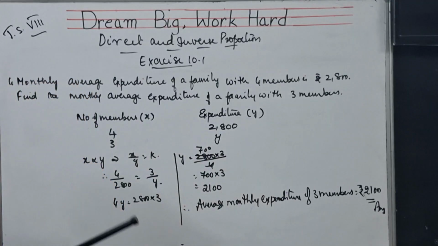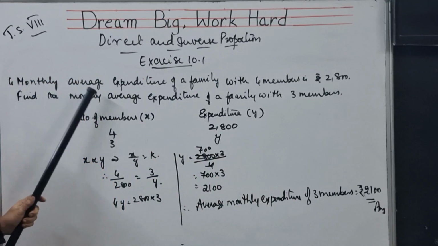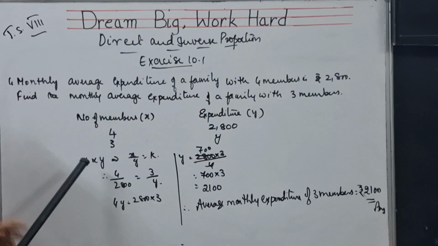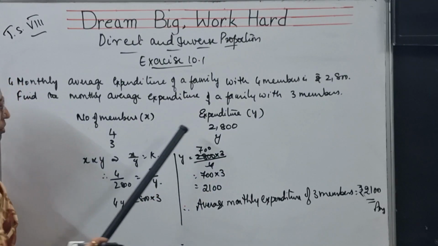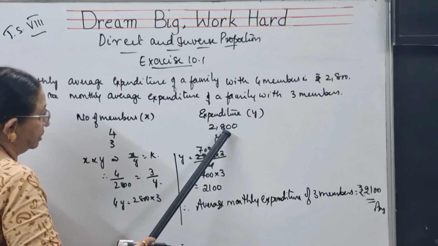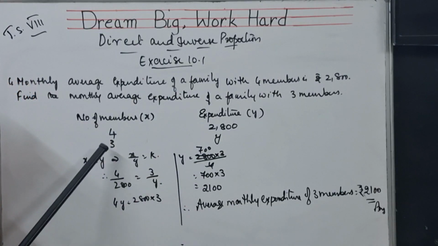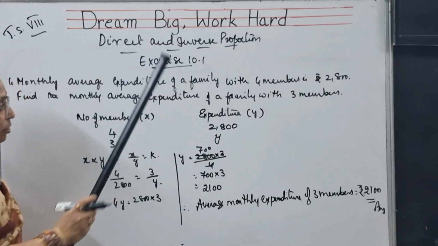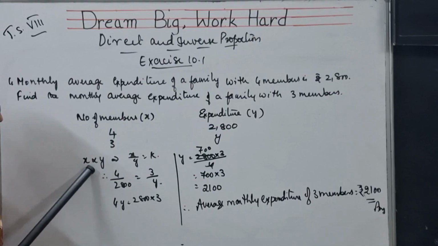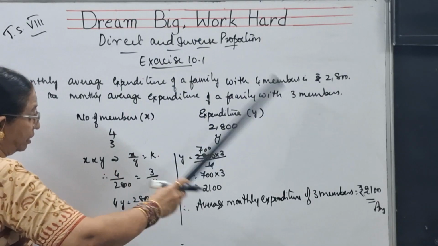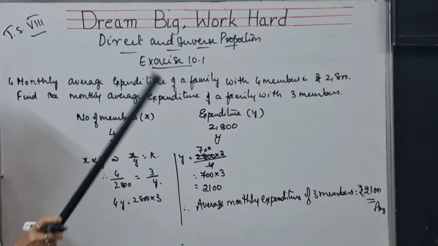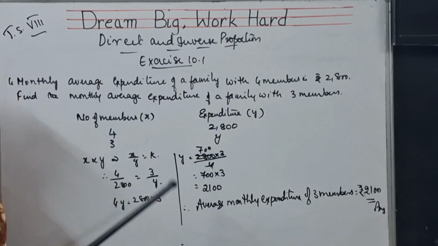What does the problem say? Monthly average expenditure of a family with 4 members is 2,800. What is the expenditure of 3 members? We know that when the number of members is increasing, expenditure increases. When the number of members is decreasing, expenditure decreases.